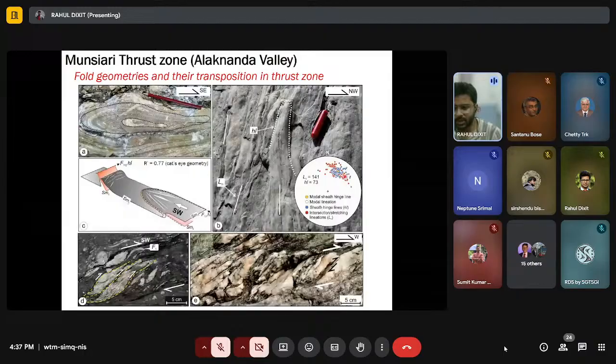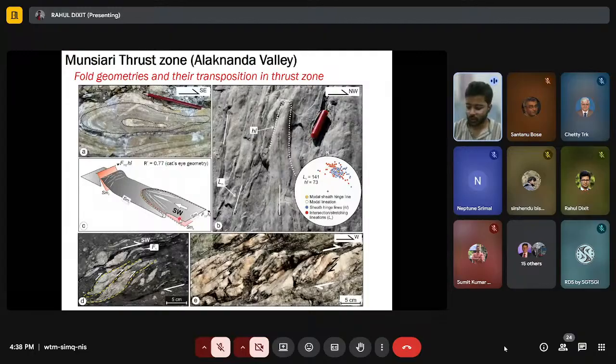As it can be seen, all the intersection or stretching lineations, the red color points, coincide with the sheath hinge lines, and all these hinge lines or stretching lineations plunge towards the northeast direction. So this gives us the hint that the earlier lineations were rotated because of this top to the southwest progressive ductile shearing to form the present type of sheath folds in the region.